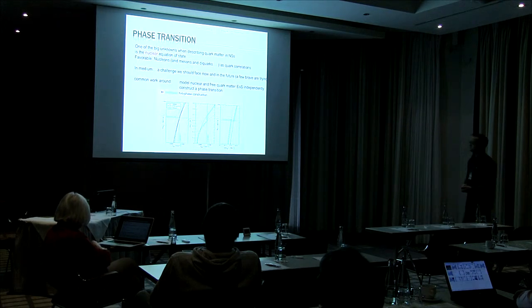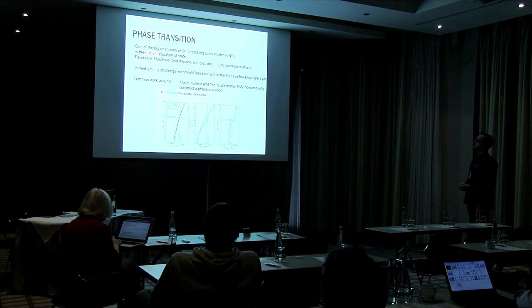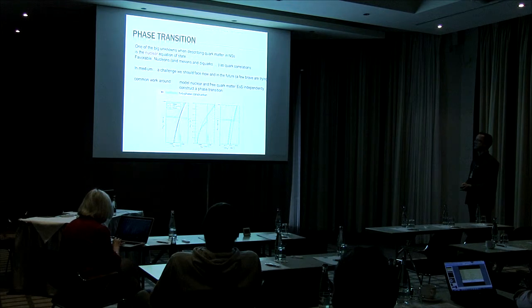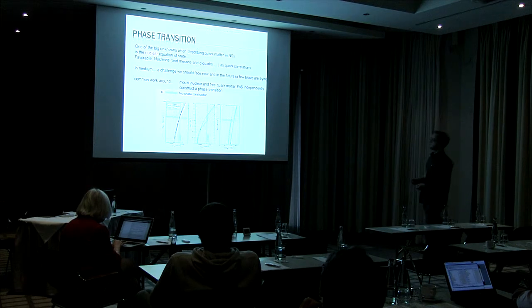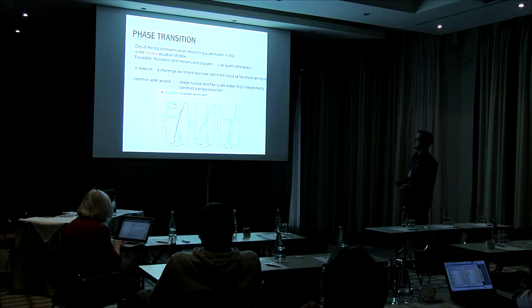What we do is we model a nuclear equation of state, we model a quark matter equation of state. Both models don't have necessarily anything to do with each other. Actually, they don't. These are usually two different approaches, and what we do is we perform a phase transition construction, and that's sketched here. So here you have the pressure as a function of the chemical potential. Then you compare both equations of state.